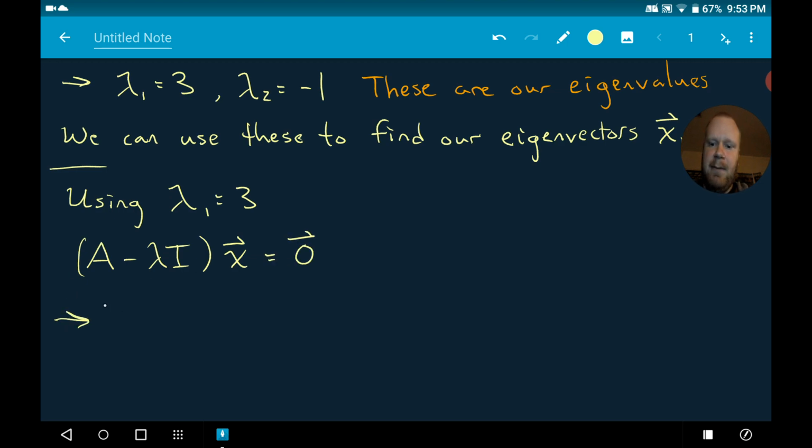So really what we're doing here is saying A minus lambda 1 I times our first eigenvector is equal to 0, but I think as long as we're keeping in mind that this is our first eigenvalue and we're working on our first eigenvector, you don't necessarily need to write this out.